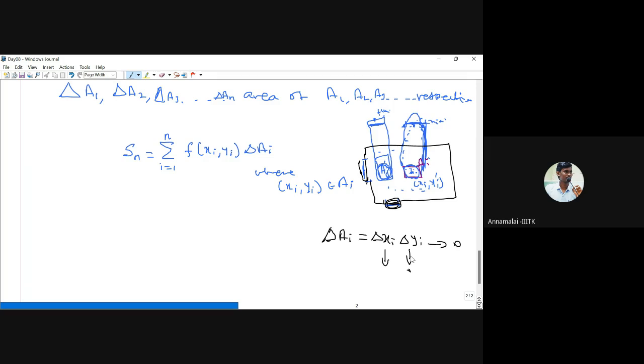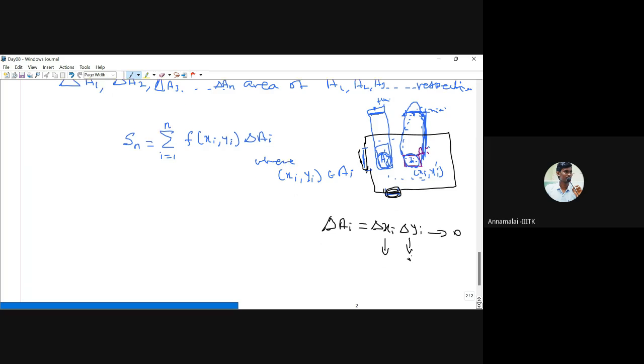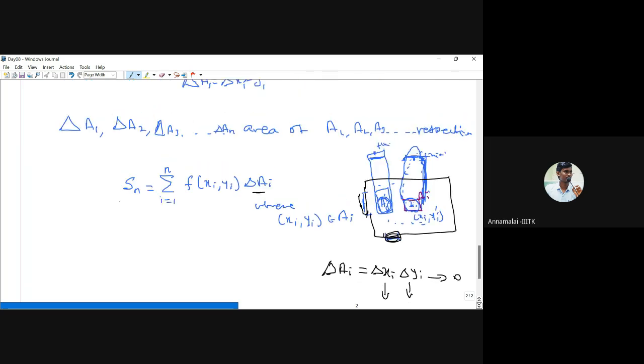So now we define it. Here the partition contains n portions a1, a2, up to an. Suppose I increase the number of portions, we can cover more area.